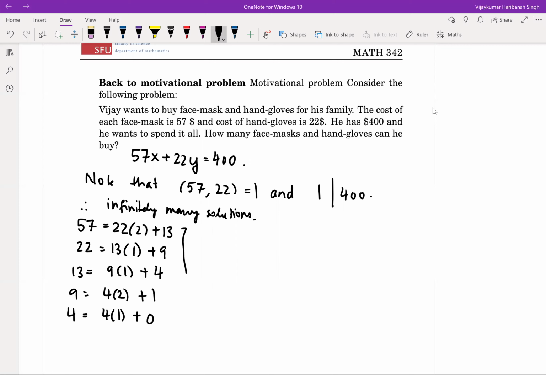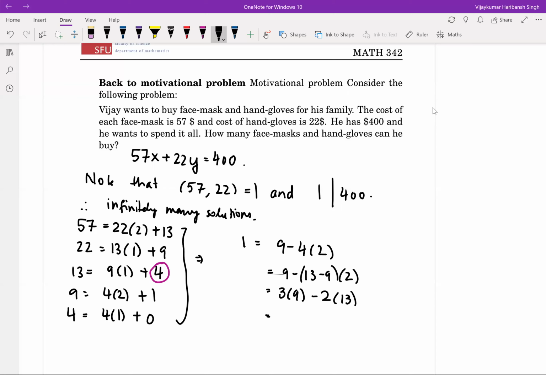So now let's rewrite this back. This gives us 1 equals 9 minus 4 times 2. So now I'll replace 4. So what do I get? In this case, I will get 1 equals 9 minus, instead of 4, I'm going to write 13 minus 9 times 2, which is going to be 3 times 9 minus 2 times 13.